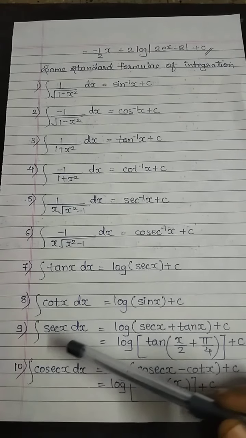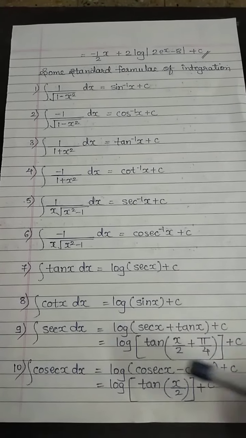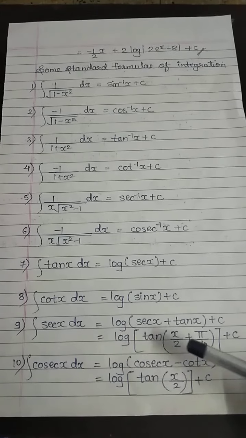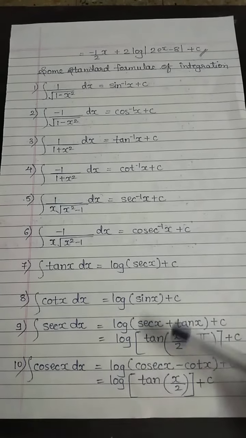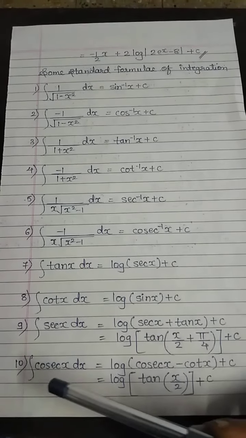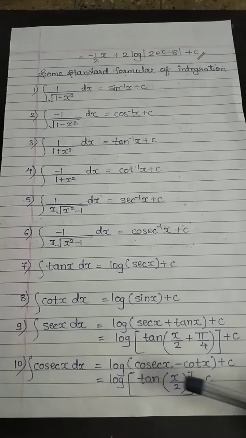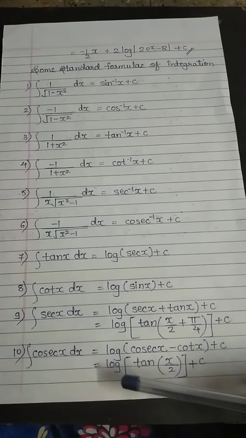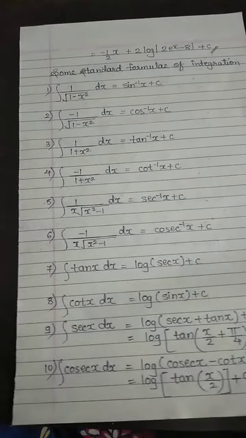Integration of sec x dx is equal to log mod sec x plus tan x plus c, or we can say log of tan of (x/2 + pi/4) plus c. Any one of the formulas we can use. Integration of cosec x dx is equal to log mod cosec x minus cot x plus c, or we can use another formula, log of tan of x/2 plus c.